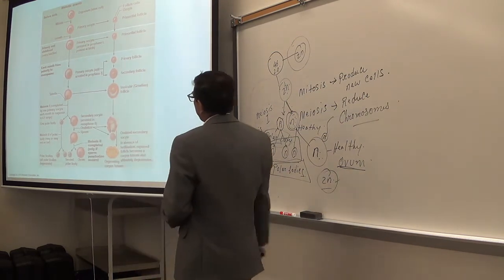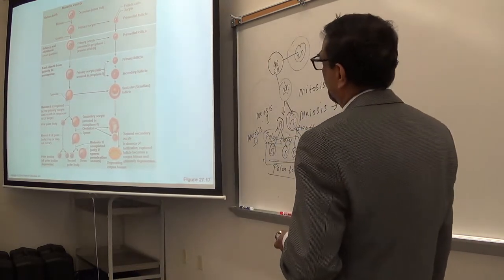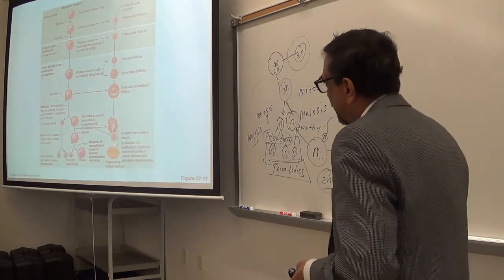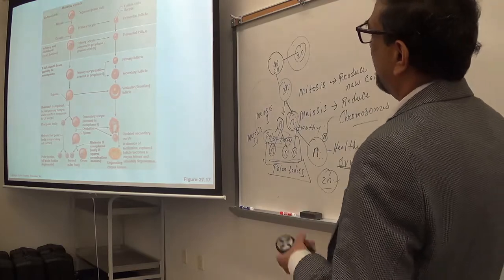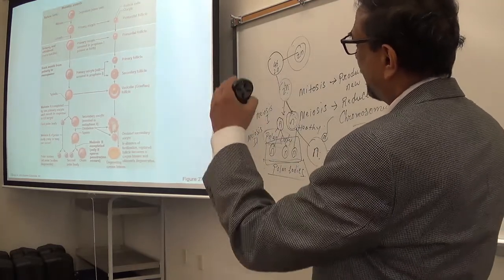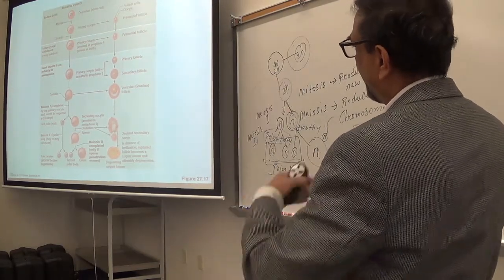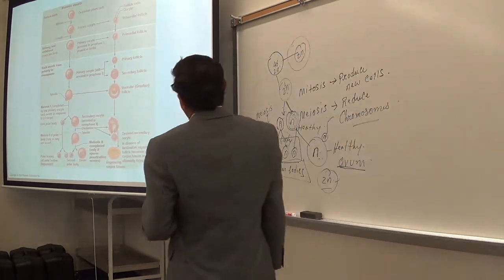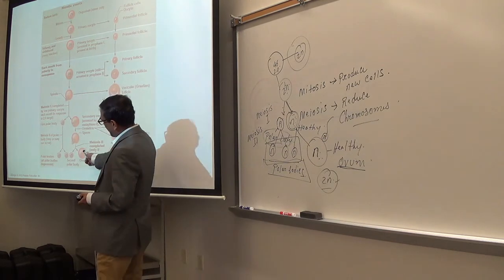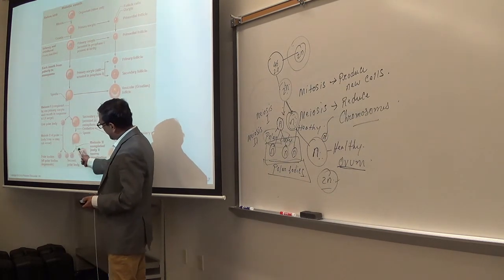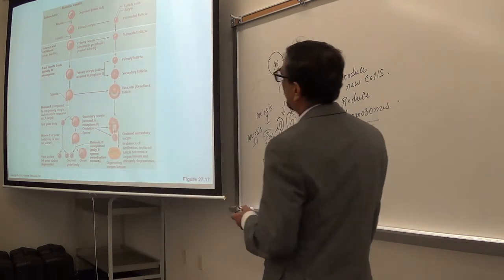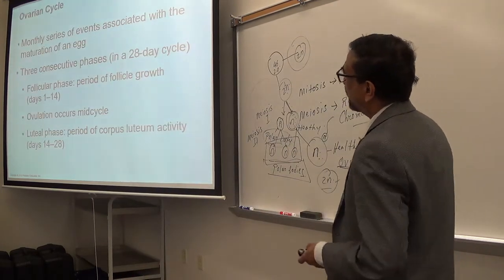So this is interesting. A couple of things: it starts before the birth of the baby girl, but stays like that until puberty, and then starts again. And meiosis 2 will be completed only if the egg is fertilized by the sperm.